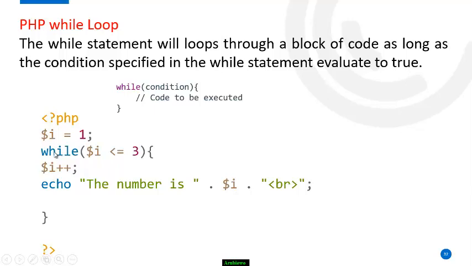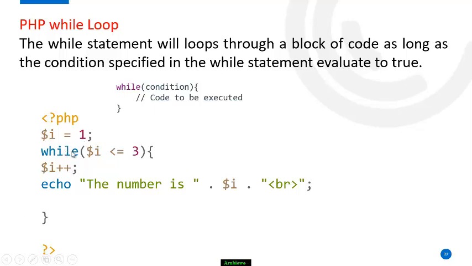What we have here is that the value of $i is set to 1. When the code gets to the while, it checks: is $i less than or equal to 3, which is true. It will increment $i to be 2. It will check again. Is 2 less than or equal to 3? It will loop again.